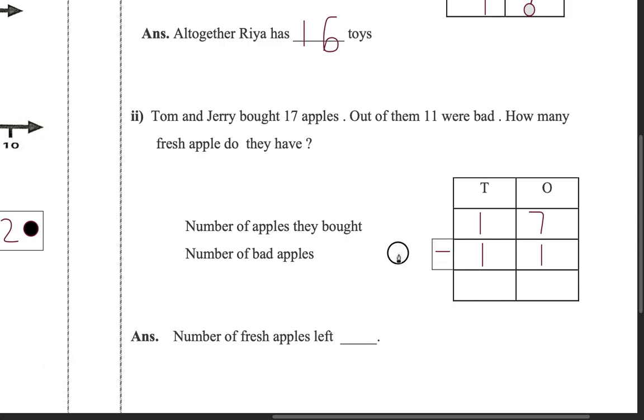So we have to subtract 17 minus 11. 7 minus 1 is 6. 1 minus 1 is 0. So the number of fresh apples left is 6 only.